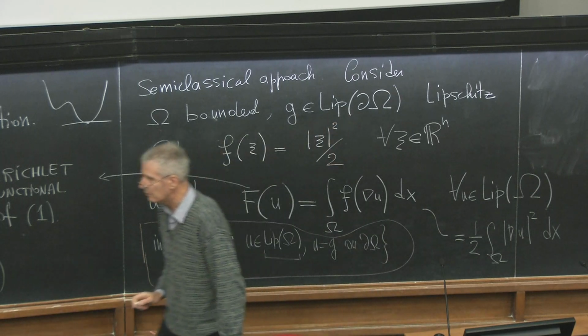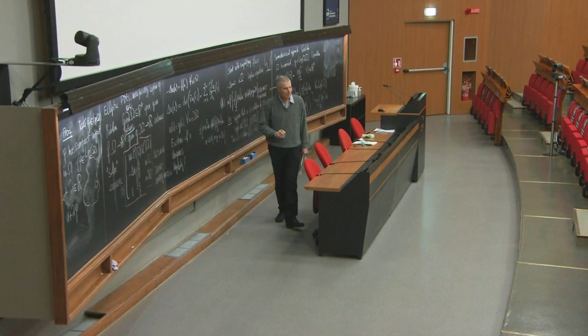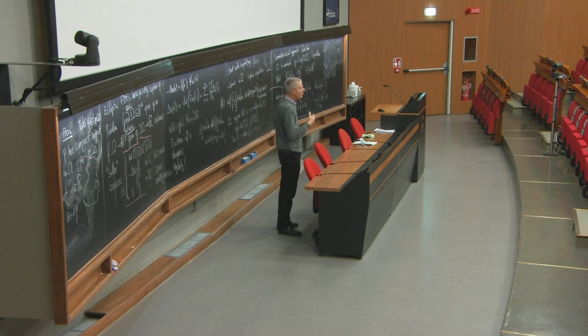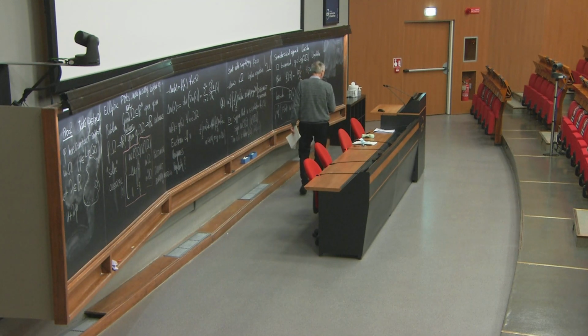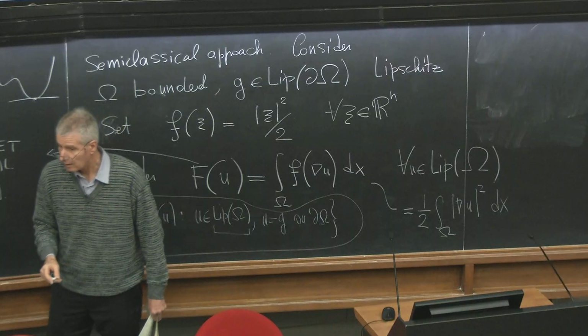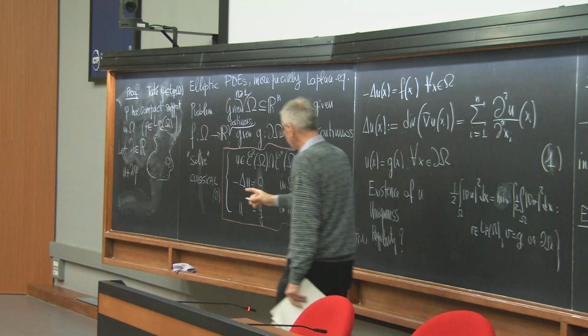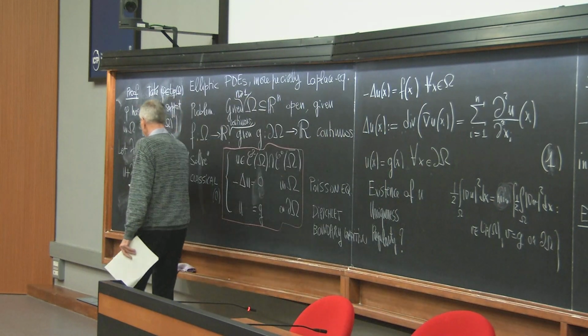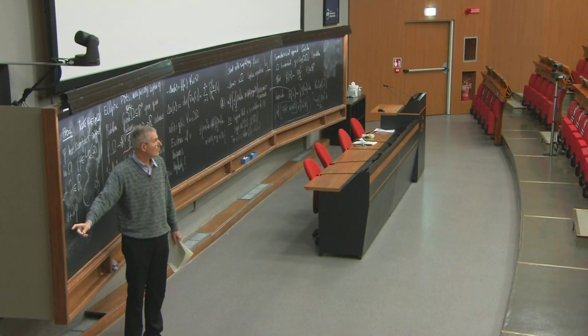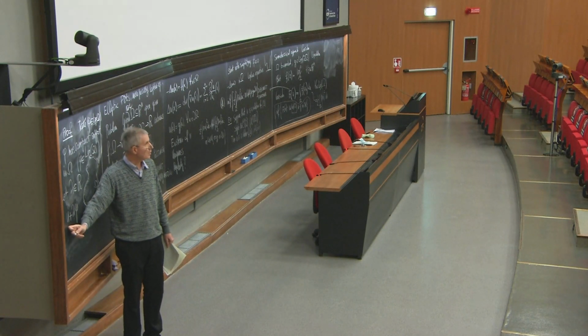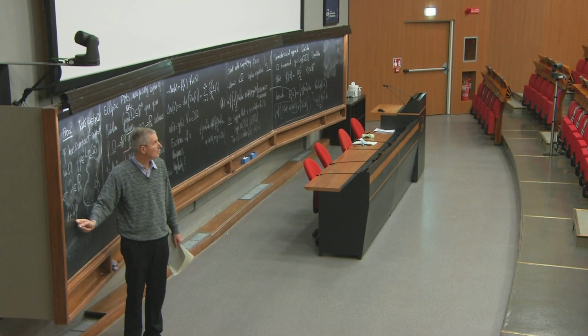Why do we need phi to be 0 on the boundary? Well, we need phi to be 0 on the boundary for the simple reason that it doesn't affect the boundary condition. Exactly, to match the boundary. If I have understood your remark well, we need phi to be 0 on the boundary because we want this variation to match g on the boundary of omega, because u is equal to g on the boundary of omega and phi is 0.